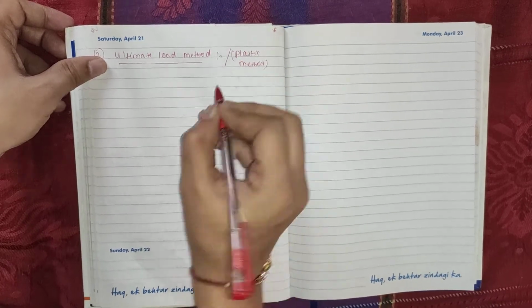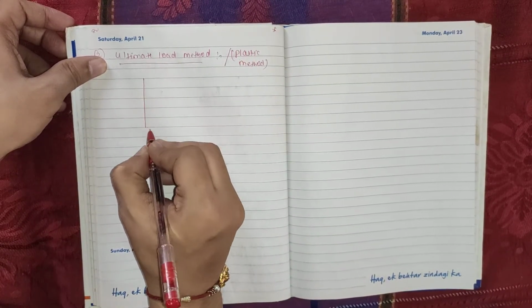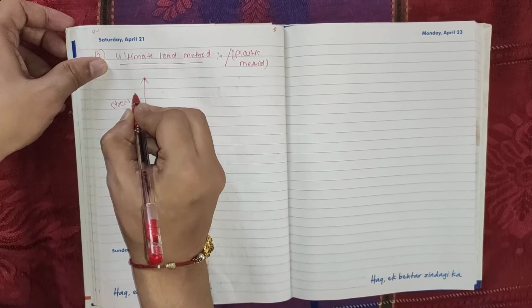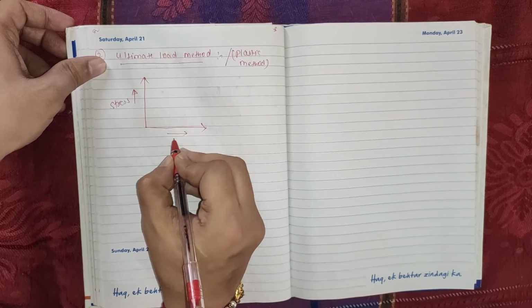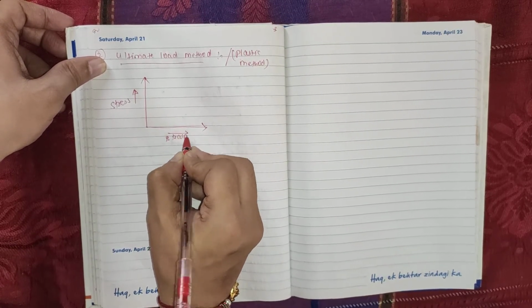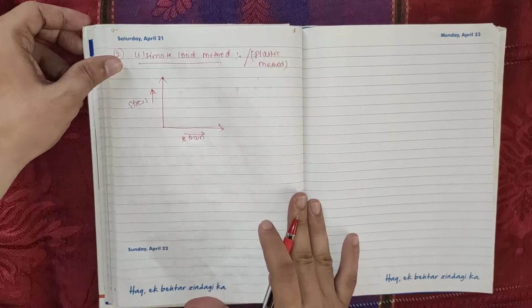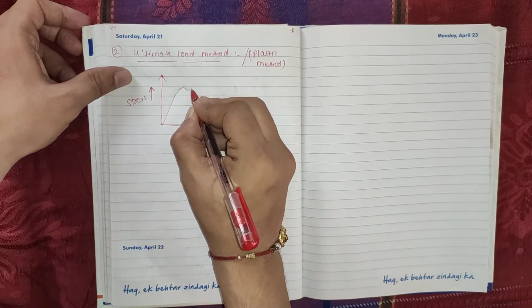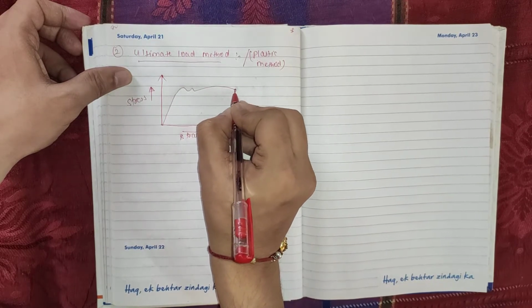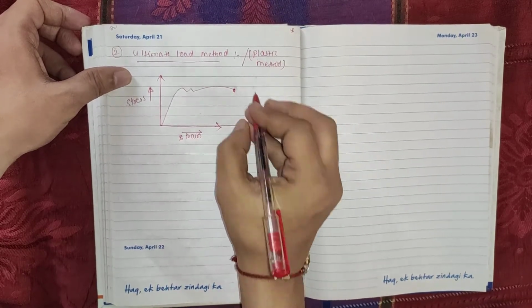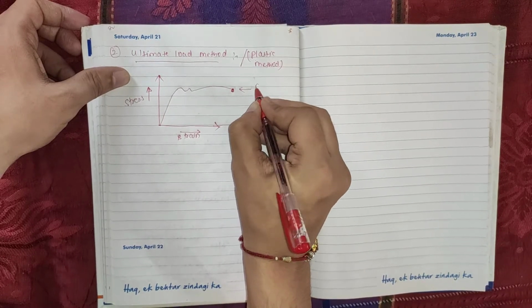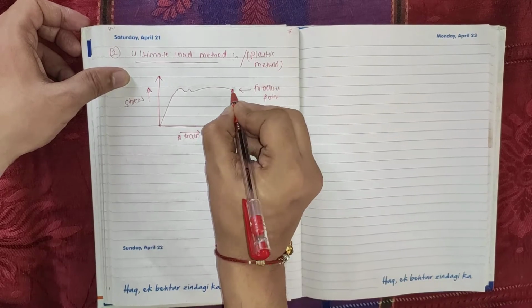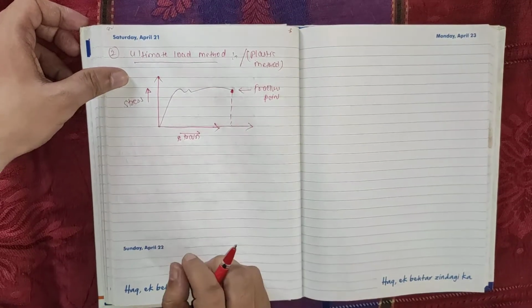On the mild steel stress strain curve diagram, this is the fracture point. Clear?